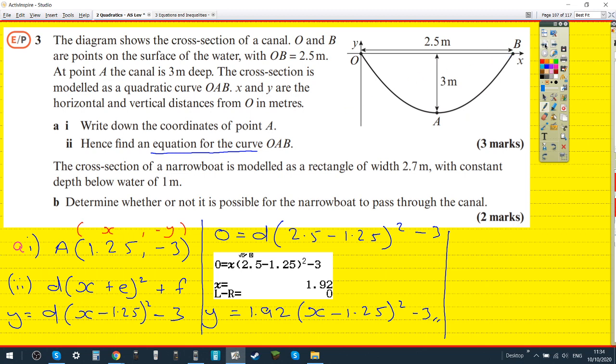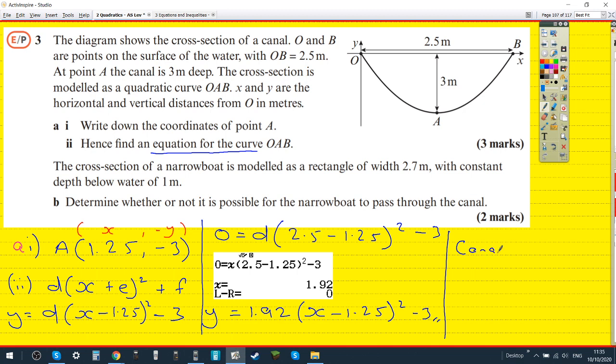Okay. What was this part B down the bottom? So this is a cross section of a canal. Yeah. What does it mean by a narrow boat? Just a boat. Well, it's only 2.5 meters across.